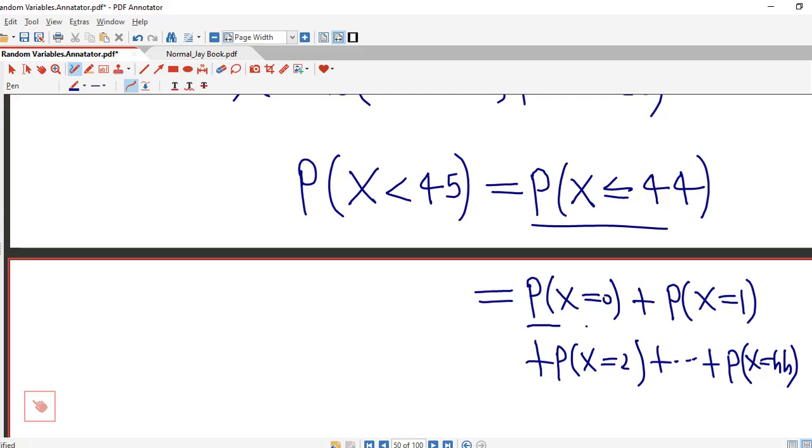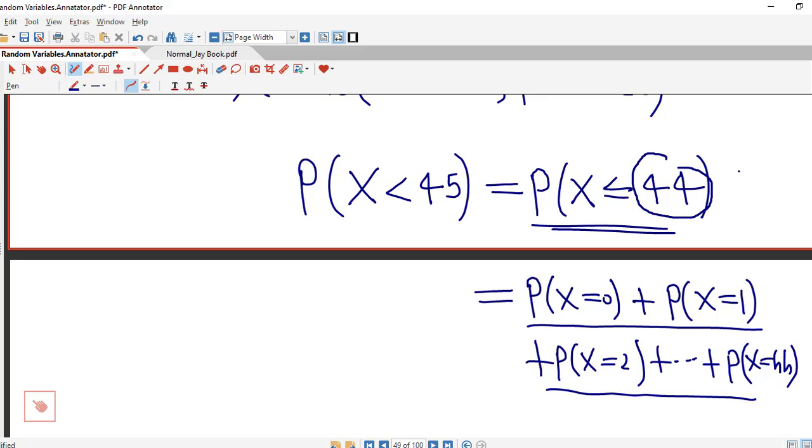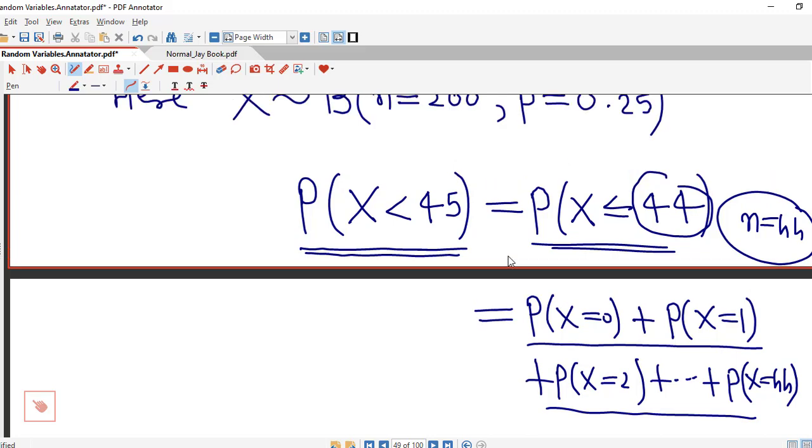This is very time consuming. We have to do 44 or 45 calculations, and binomial probability tables are not available for this big number of trials. So it is not advisable to use binomial probability distribution here.